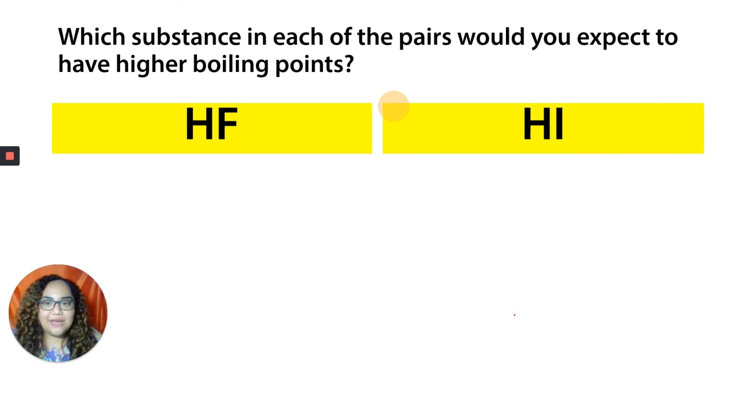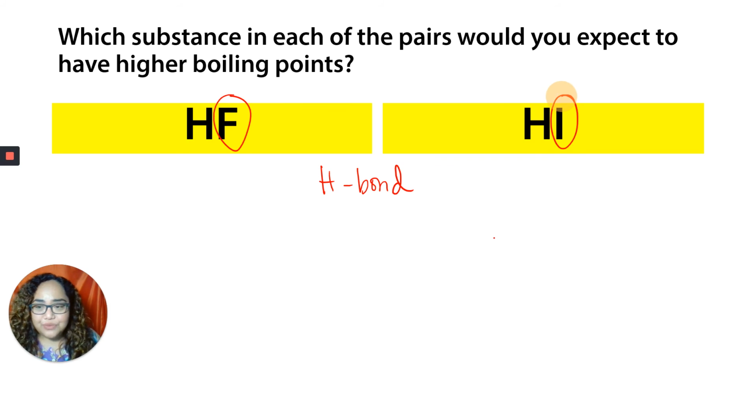Now, next example, you have HF, hydrogen fluoride, and HI, hydrogen iodide. I think it's very obvious: both of them have hydrogen bonds as their main IMF. But then, which would be the winner? Which would have a higher boiling point? You're going to look at fluorine here and iodine here.